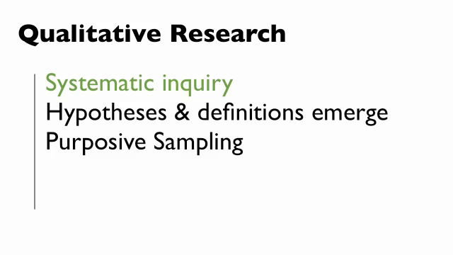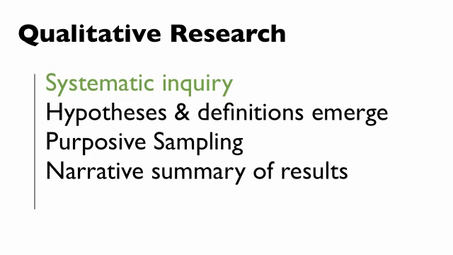Oftentimes in a qualitative approach, randomization is not part of a naturally occurring environment, and so an entire class might be studied, for example, as opposed to identifying individual subjects within the class and then randomly assigning them to groups that they wouldn't normally be part of in the day-to-day operation of the class.